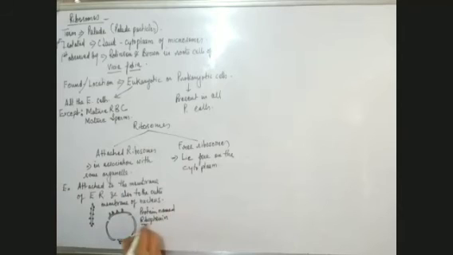This protein riboforin helps in attachment. It is the cementing material which helps in attachment to the various organelles, to the walls of these two organelles.